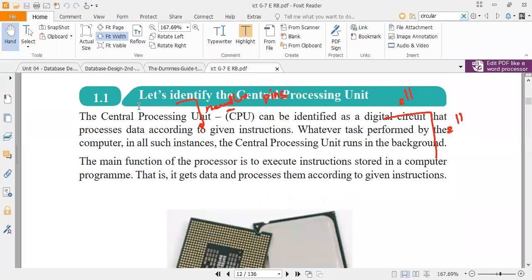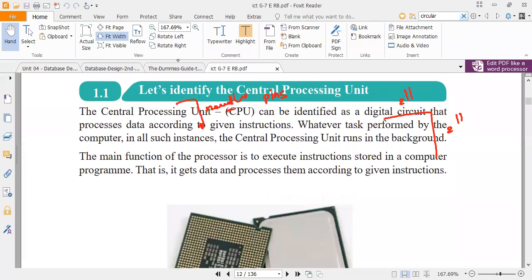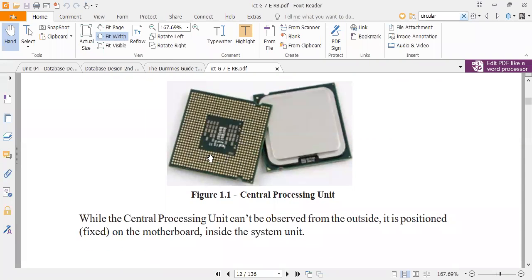It is a digital circuit which processes the data according to the instructions. So the CPU looks like this.